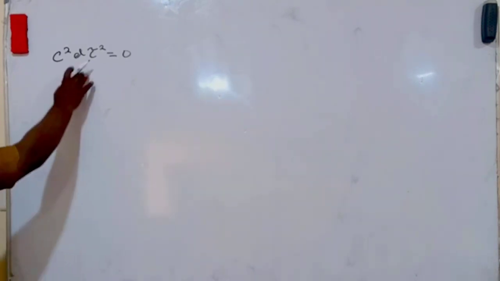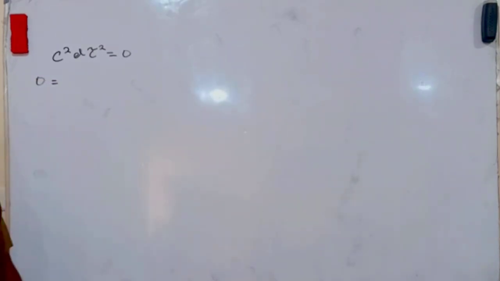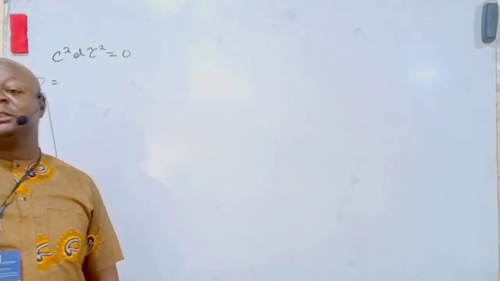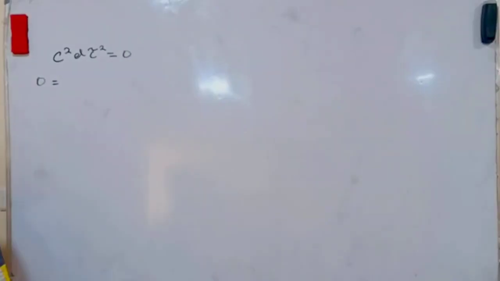So if that is true, then the left-hand side of Schwarzschild's metric will also be 0. We agree that this is the left-hand side.